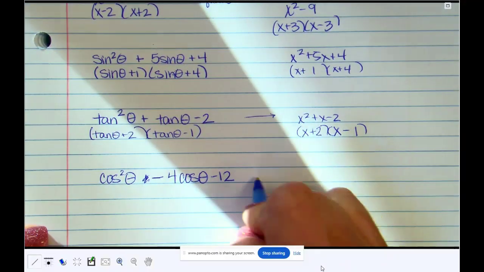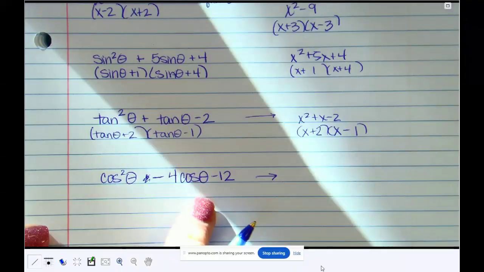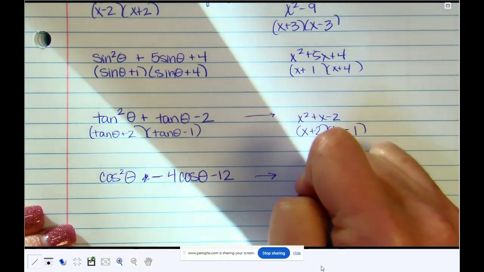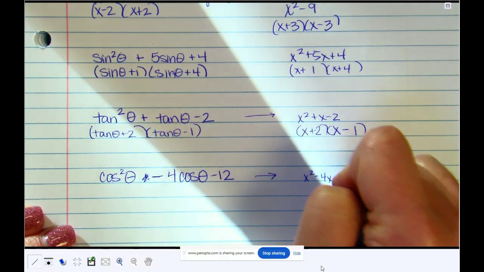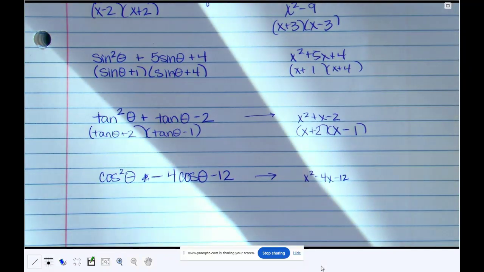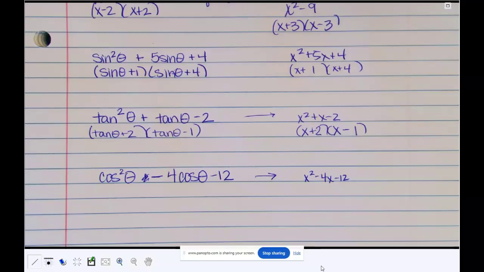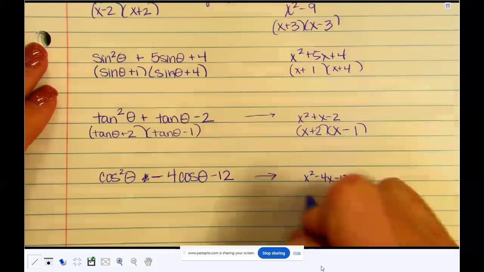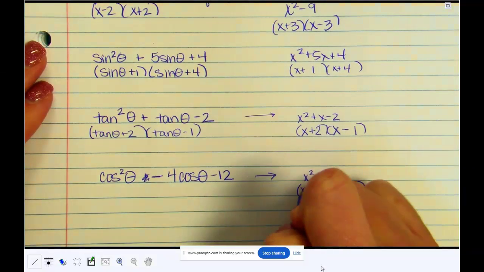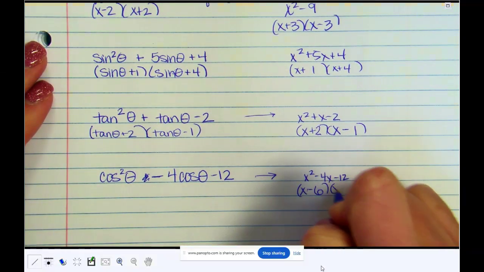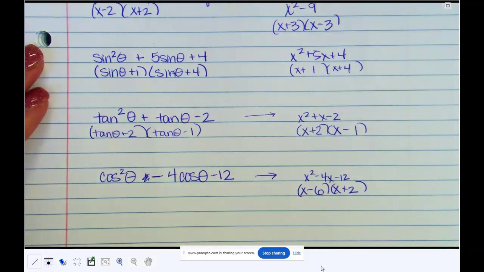Okay, so again, if you're like, I hate this, put it into a quadratic. Maybe you'll hate it a little less. 6 and 2, negative 6. Okay, so Connor said this is x minus 6, x plus 2, correct?